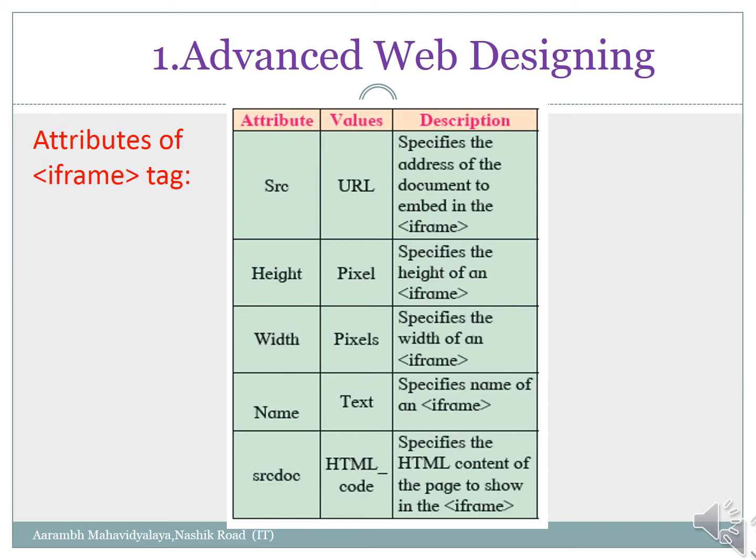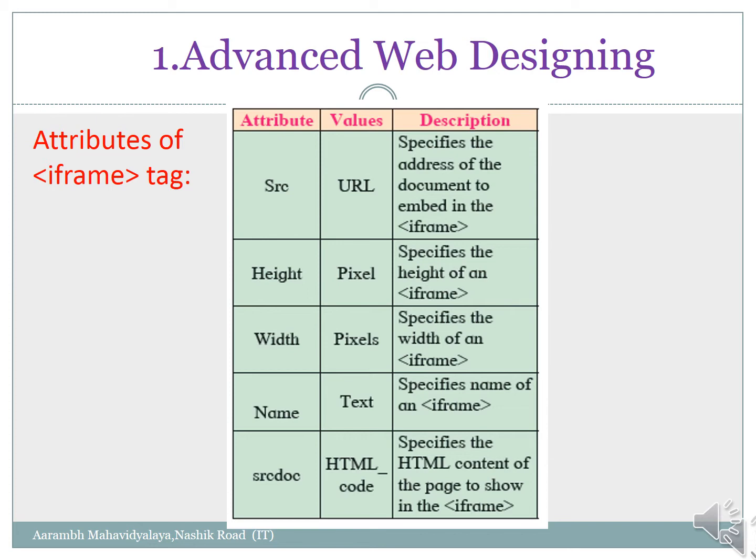Let's see the attributes of the iframe tag. Iframe has 5 attributes: src, height, width, name, and srcdoc. The first attribute, src, indicates the name of the file which will be displayed in the iframe window.